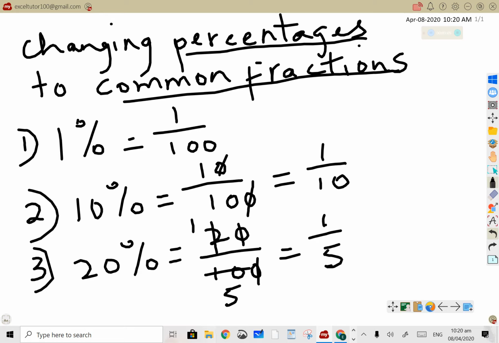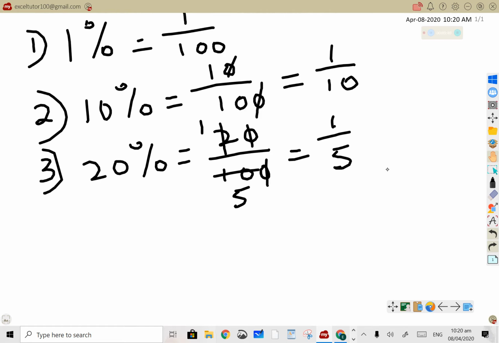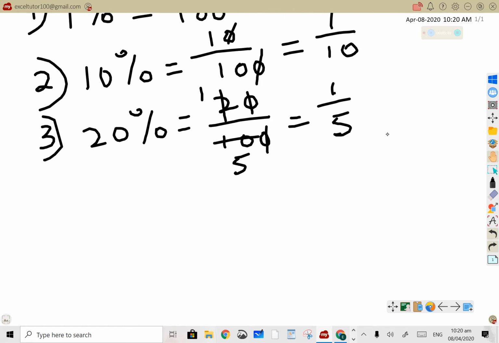So basically, what we see in here is 1% is the same as 1 over 100. 10% is the same as 1 over 10. And 20% is the same as 1 over 5. Okay, so these are some of the common conversions that you will have to do.